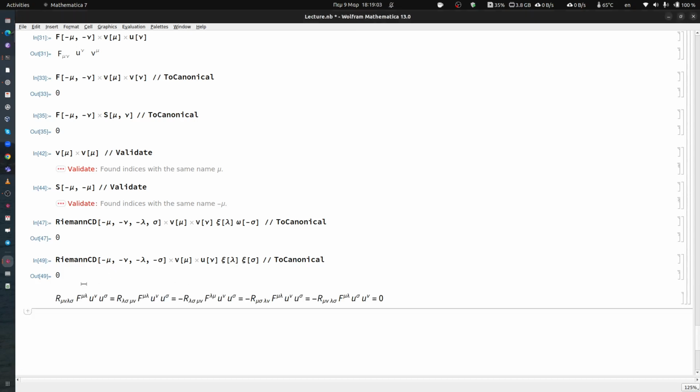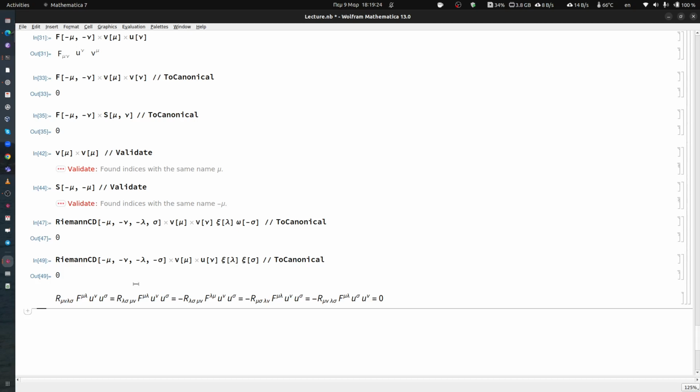The Riemann tensor has more complicated symmetry properties. One of them is that it is symmetric under the exchange of the 2 pairs of indices, mu nu and lambda sigma; lambda sigma mu nu gives us the same components of the Riemann tensor.